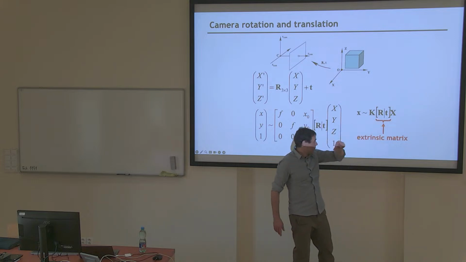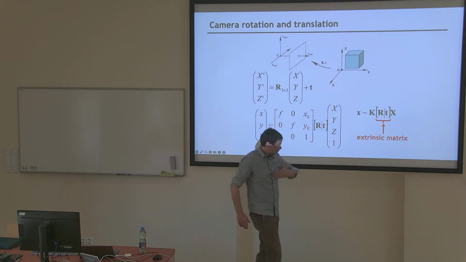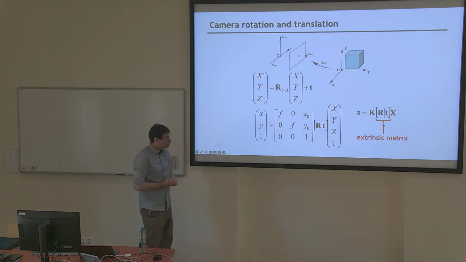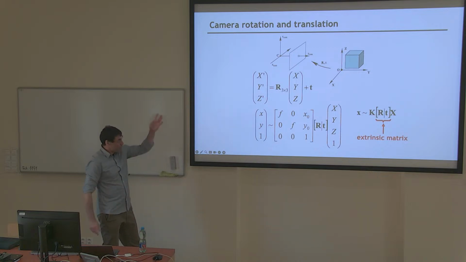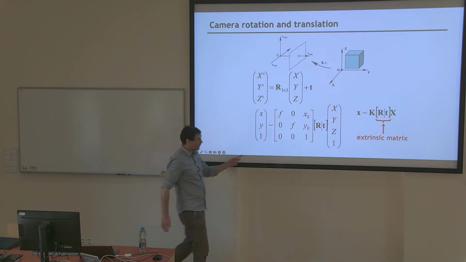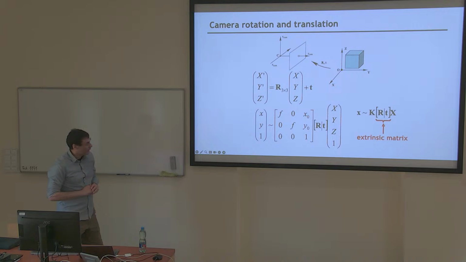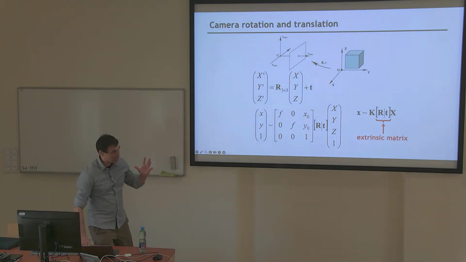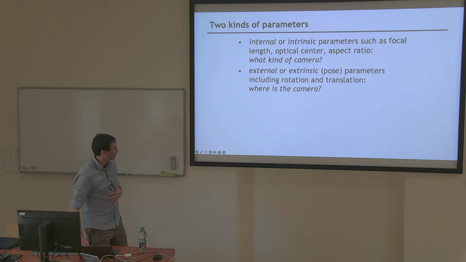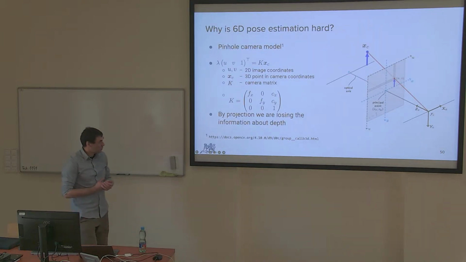Rotation is 3 angles, and translation is a 3-vector in 3 dimensions from the object to the camera coordinate system. It's written like this with a calibration matrix, which we assume is known. I think it will be in the slides in case, but it seems like half the people know this, so I will not go into too much detail.